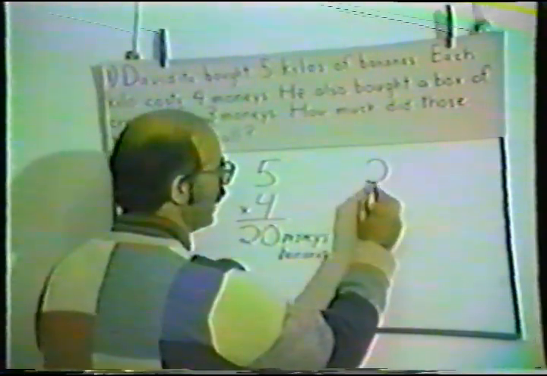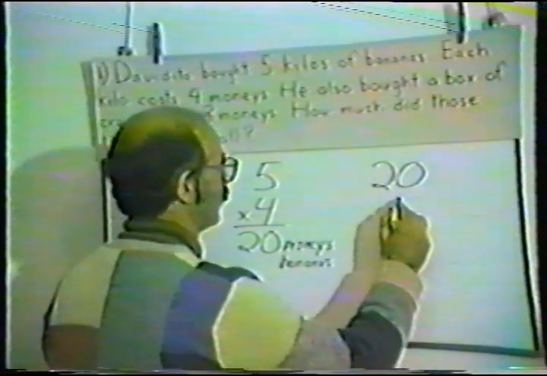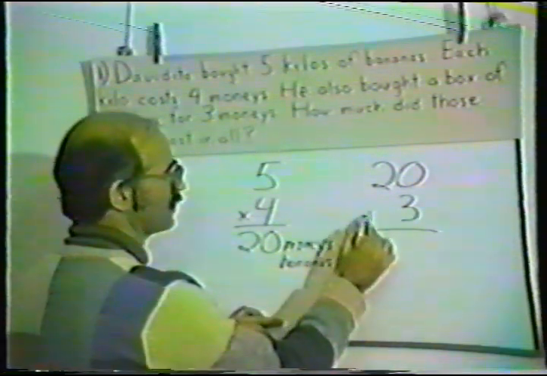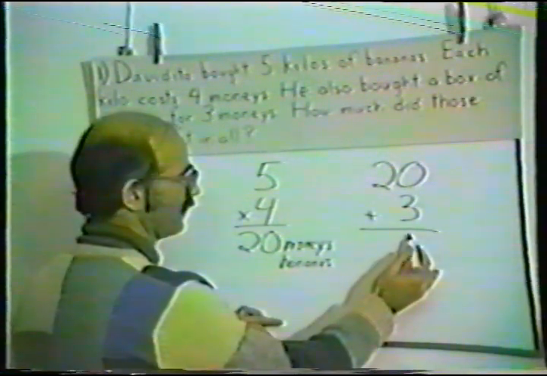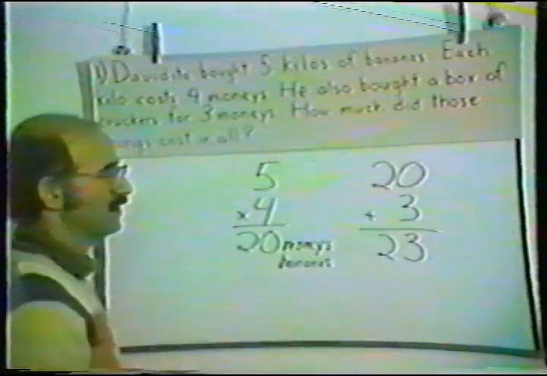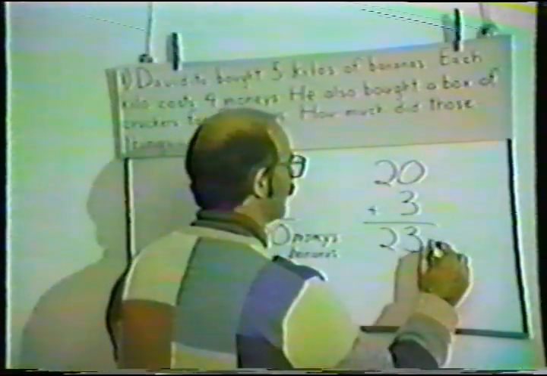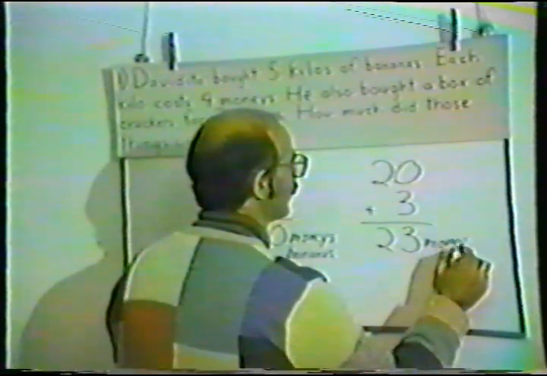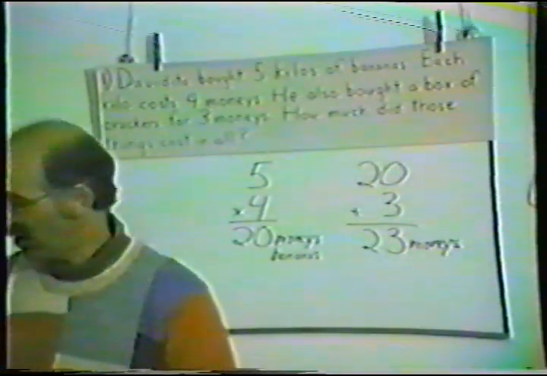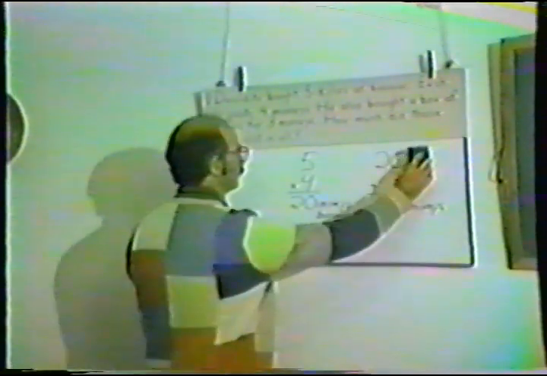So we have to add it. 20 for the bananas plus 3 for the crackers. 0 plus 3 is? 3. And 2 plus 0 is? 2. The answer is 23. 23 what? Monies. 23 monies. And that was the cost of all those things.